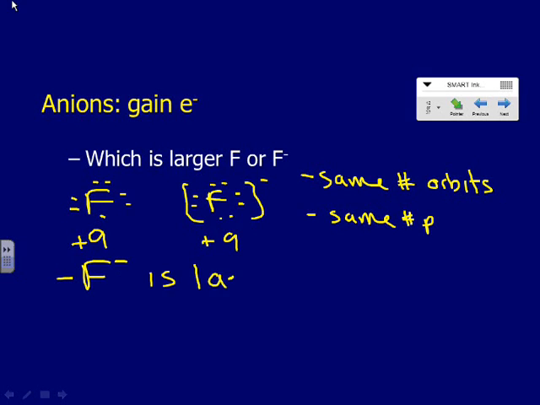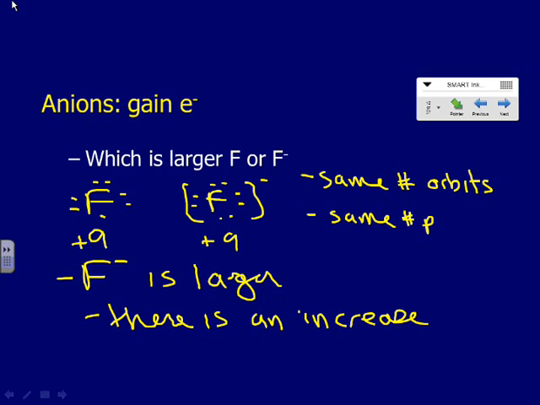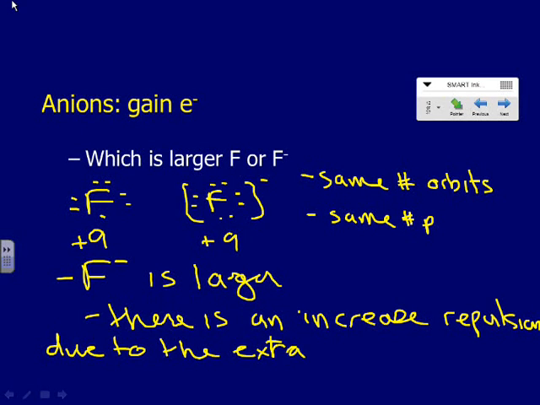F minus is larger. There is an increased repulsion due to the extra electron in the valence shell.